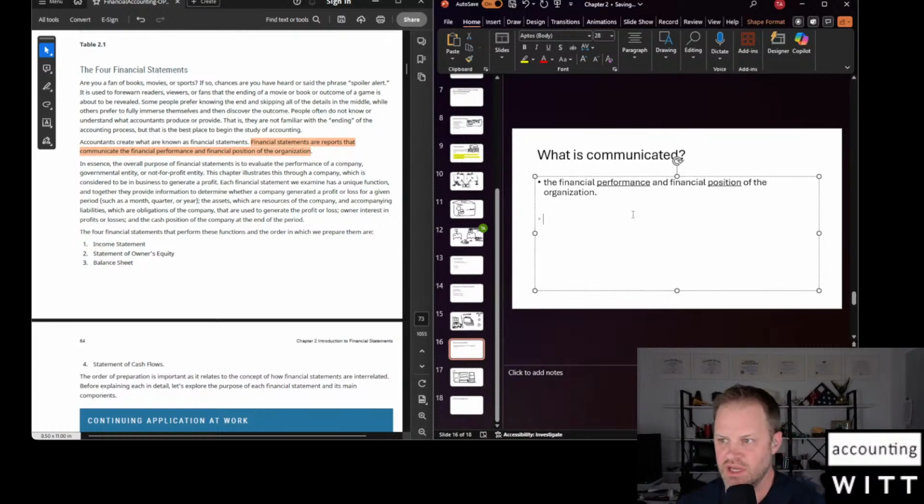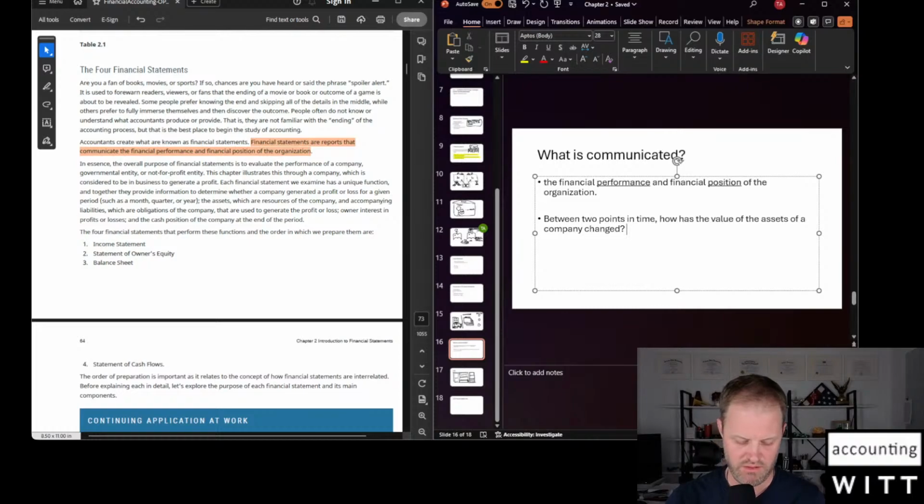What is communicated is, between 2 points in time, how has the value of the assets of a company changed?